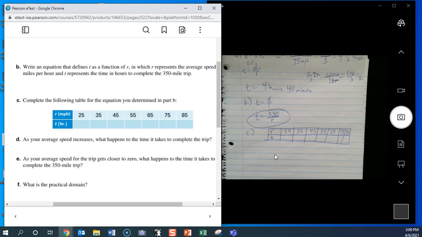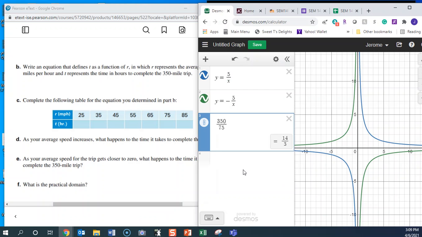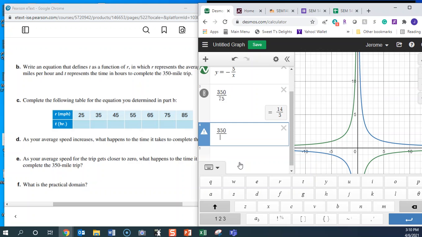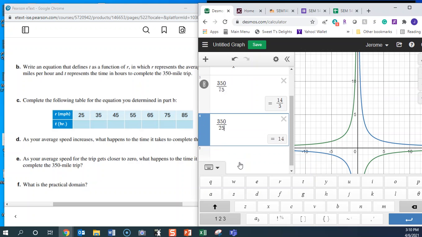So we could go to our calculator. What we could do is say 350 divided by 25. That'll be 14. You could change your 25 to 35. That'll be 10. 35 to 45. We wrote this as a decimal rounded to one decimal place. It'll be 7.8.